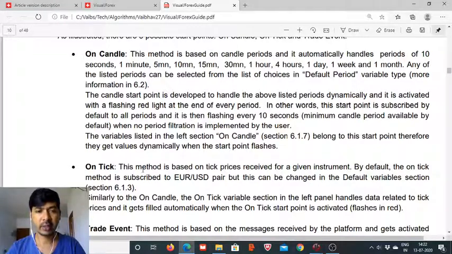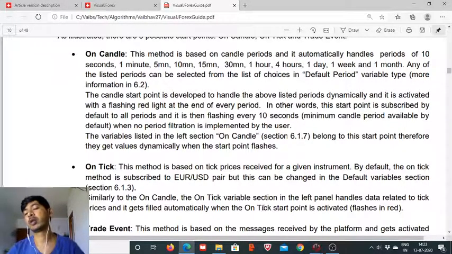So here you can see the brief description. This method is based on the tick prices received for a given instrument, and the variable section in the left panel handles data related to tick prices, and it will be getting filled automatically.